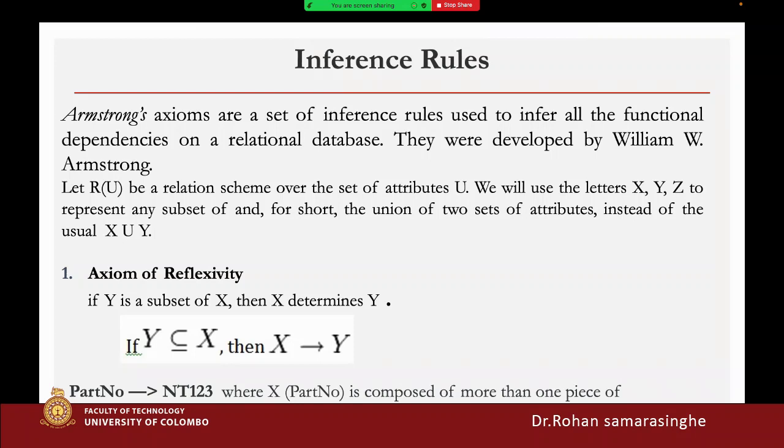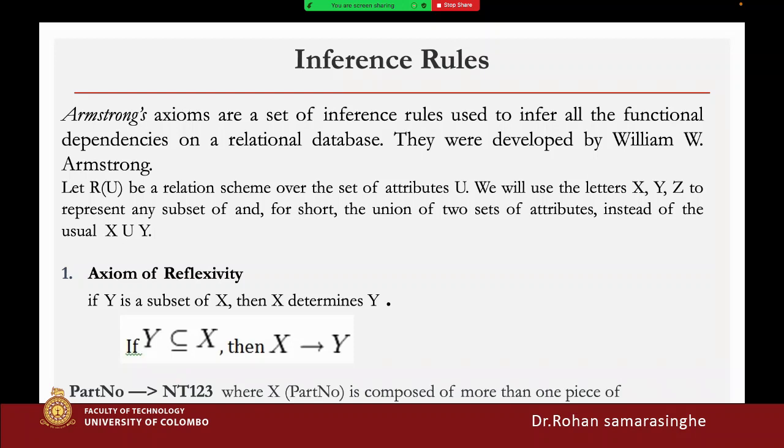Okay, we'll try to understand what this inference is. Let R be a relation, and U be a relational scheme over the set of attributes.